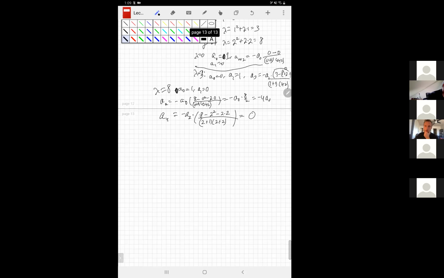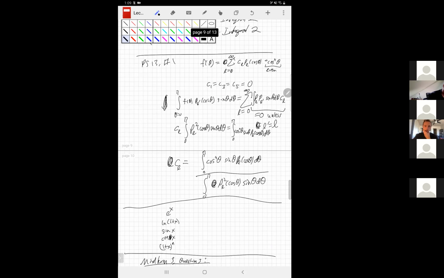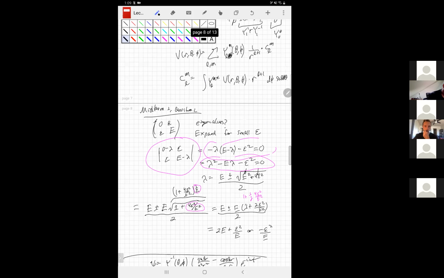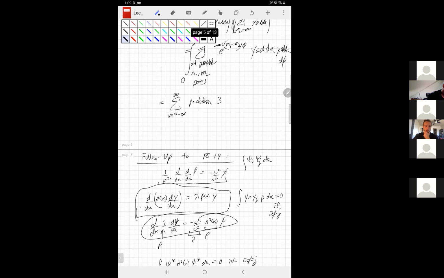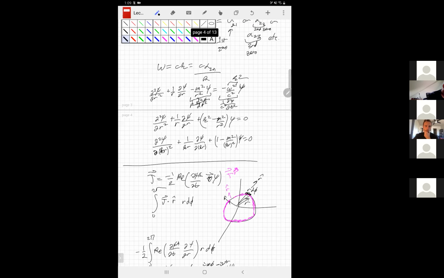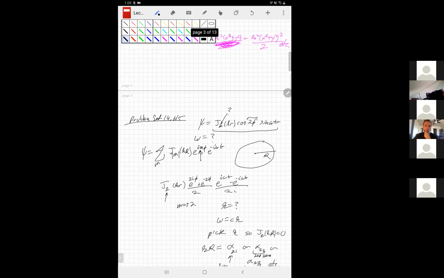The vibrating drum. That one I went over previously, so let me scroll to those notes if I can find them. A solution to the wave equation is going to be a Bessel function of some order m multiplied by e to the i m phi times e to the minus i omega t.